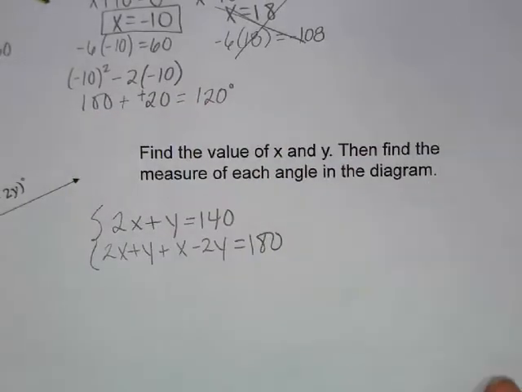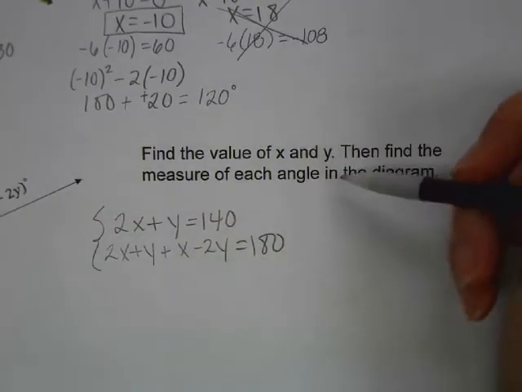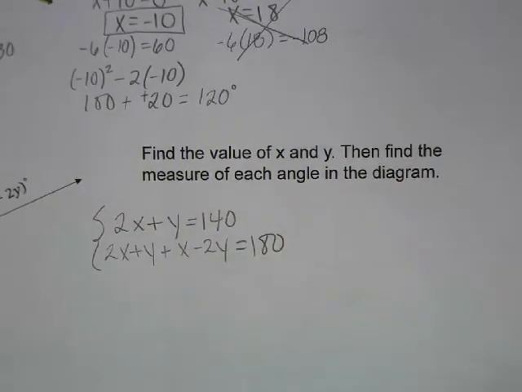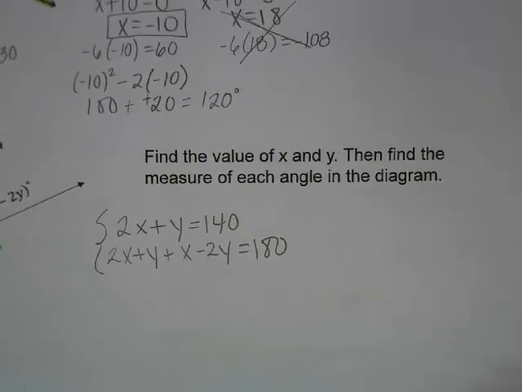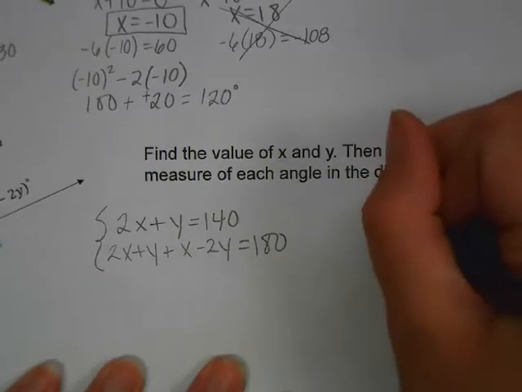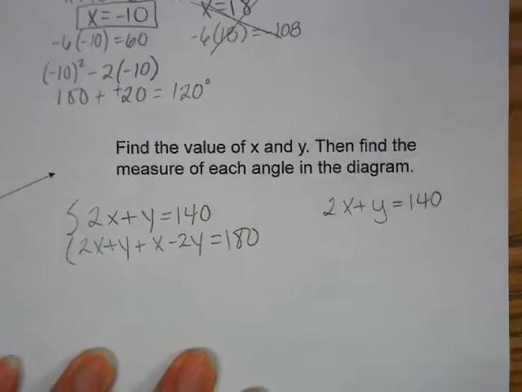Okay, so if you can remember back to when we reviewed solving systems, you could either solve it using graphing, elimination, or substitution. Before I choose a method though, I'm going to simplify this bottom equation because I can combine like terms. So I'm not going to do anything to the top equation. I'm going to leave that alone.